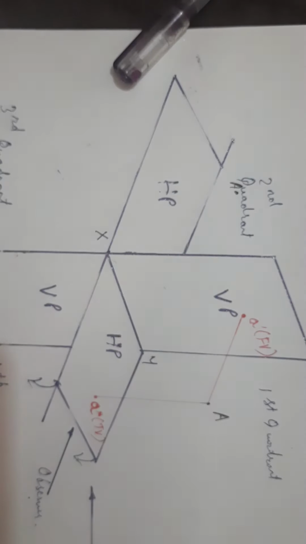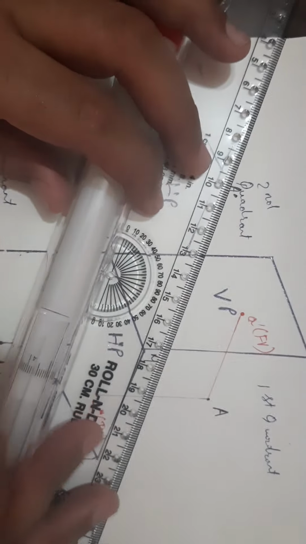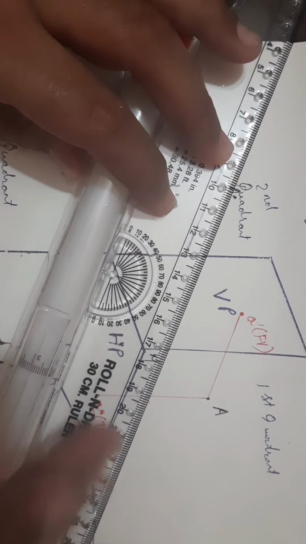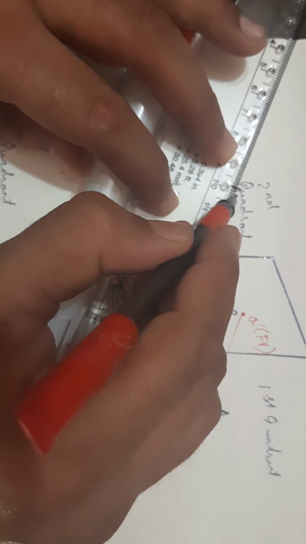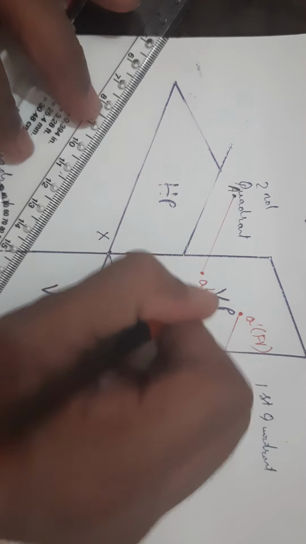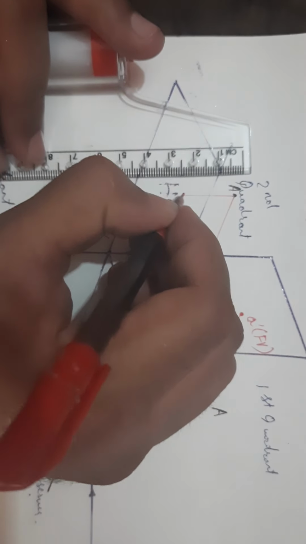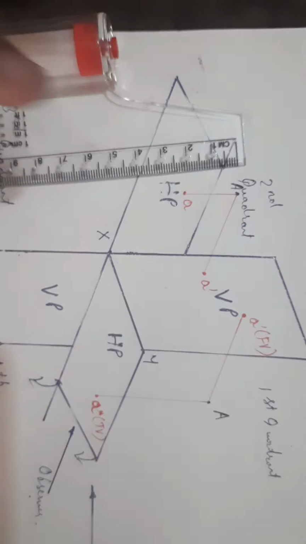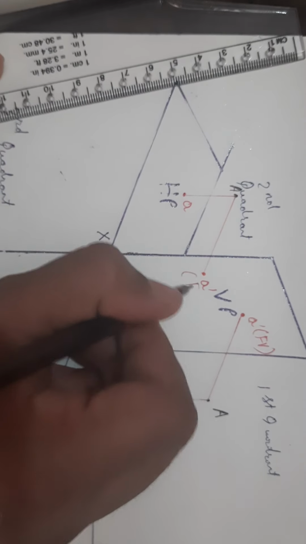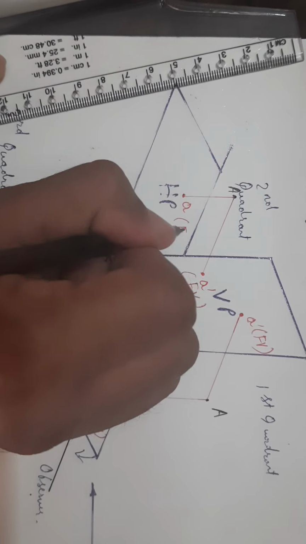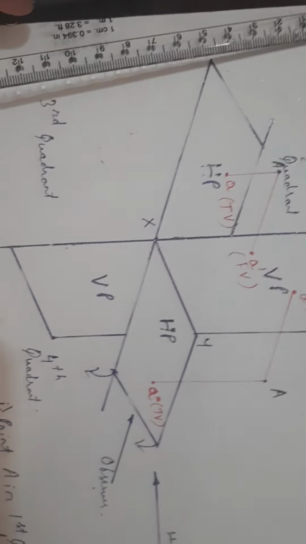Again, to see the front view and top view, assuming this entire 3D diagram of the quadrant system is transparent, the front view will be projected over here, that is A dash. For the top view, I will project it from the top, and this point is projected over here as A. This is the front view, and here is the top view. This is for the point in the second quadrant.